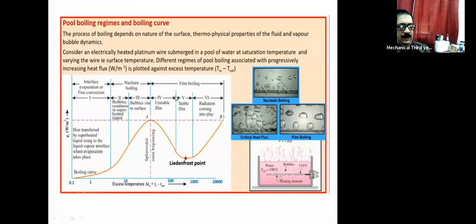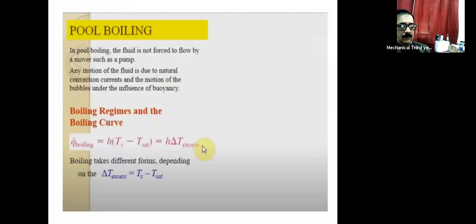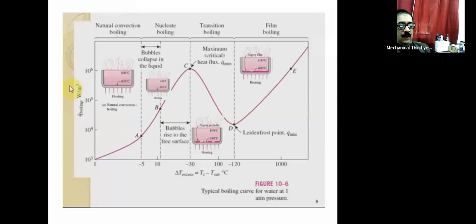In the next one, we have divided film boiling into two parts: transition and then film boiling. For our individual discussion, we term this transition boiling and this film boiling. Now we will see each and every one of these regimes separately.